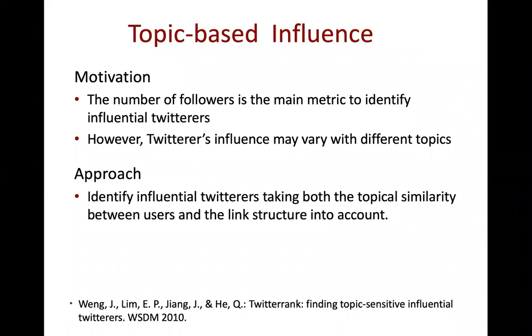The motivation is that the number of followers is the main metric to identify influential tweeters, and at the same time, tweeters' influence may vary with different topics, and also sometimes we can get fake followers. Sometimes we can get people who don't post nice, well-prepared content, so the influence would decrease.